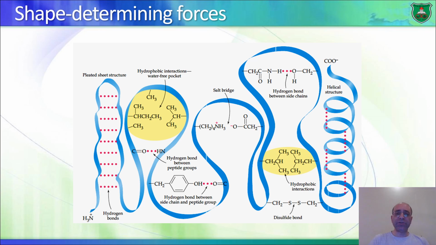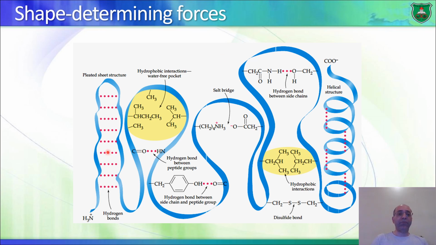Now, the tertiary structure of proteins is determined by non-covalent interactions. Okay, not by the peptide bond, rather by non-covalent interactions. And here we're talking about the 4 non-covalent interactions, the 4 forces: the hydrogen bonds, the electrostatic interactions, the van der Waals interactions, and the hydrophobic interactions.